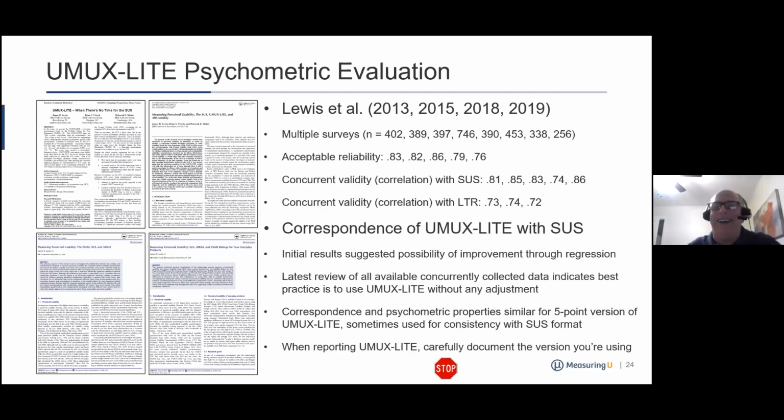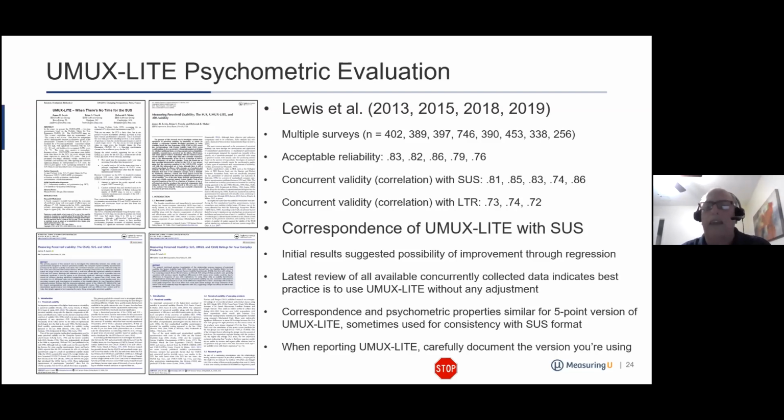Okay. But no, part of the interest in the UMUX-LITE, and I'll get into this later too, is that these 2 questions, even though we can demonstrate, as you'll see when I get into some of the data, changes in the UMUX-LITE, well, as you can see, just the concurrent validity, the correlation with likelihood to recommend, when you're getting correlations around 0.73 or 0.74, that means that variation in the answers to the UMUX-LITE are accounting for almost 50% of the variation in likelihood to recommend.